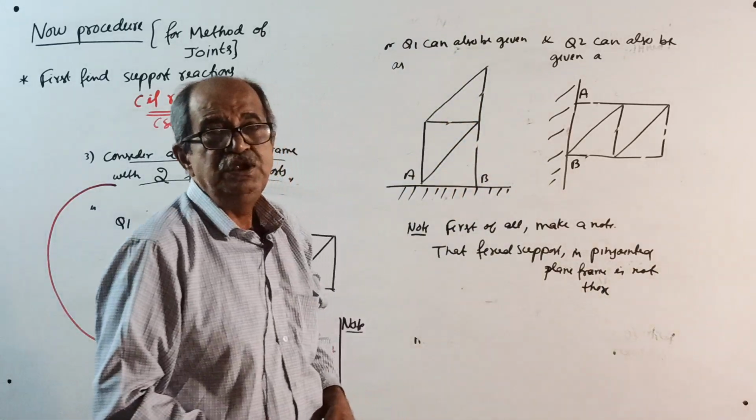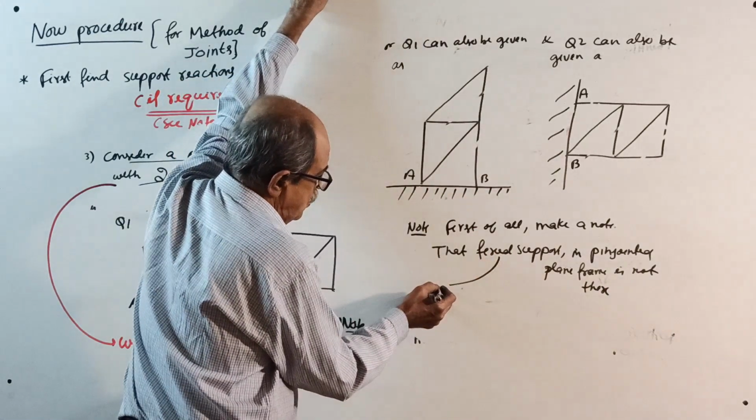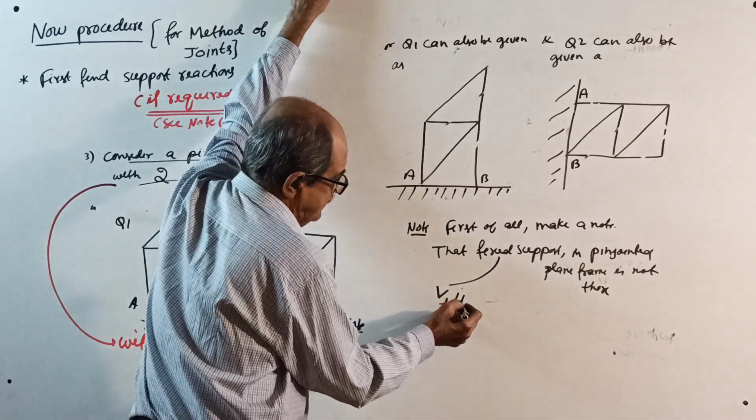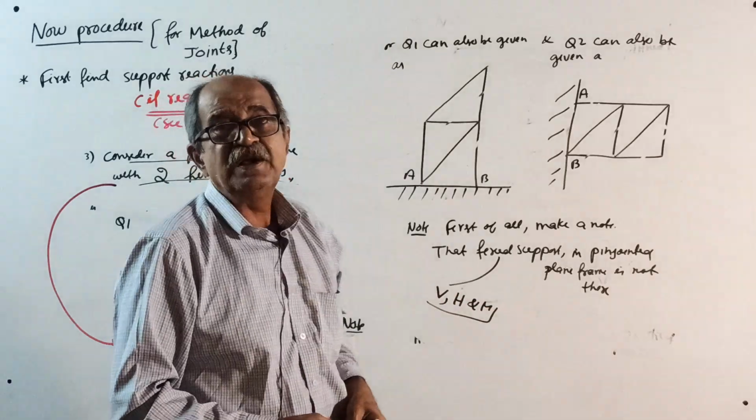When you go for a pin jointed plane frame, if a fixed support is there, a fixed support will have vertical reaction, horizontal reaction and reacting moment. But bending is not considered here.